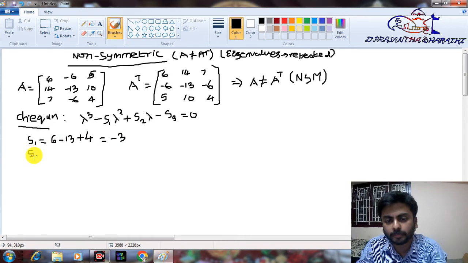And what is our s2? s2 is the sum of the minors of the main diagonal elements.